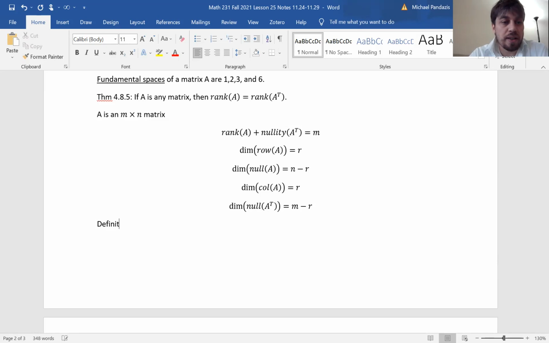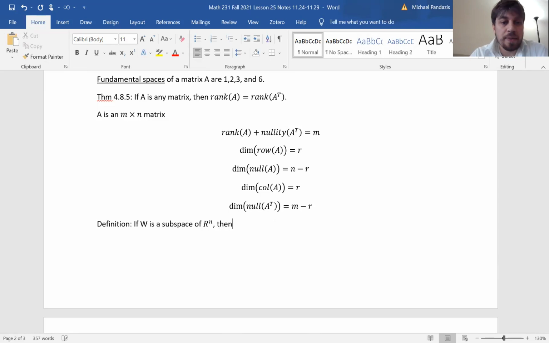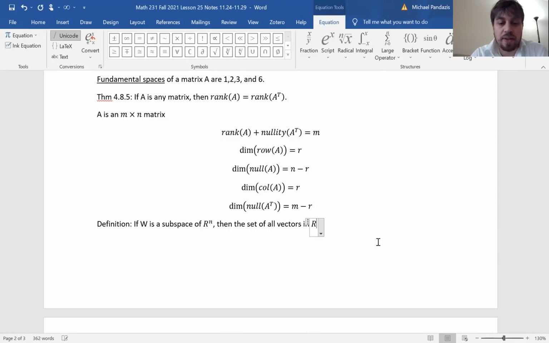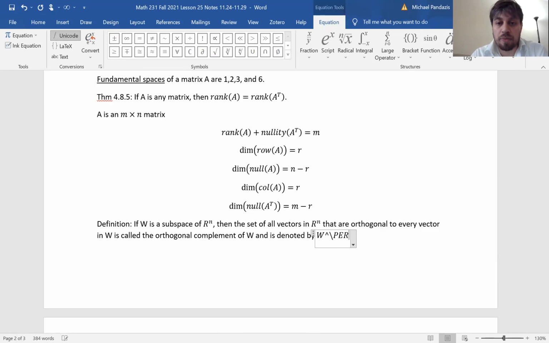Okay, definition. If W is a subspace of n-space, Rn, then the set of all vectors in n-space Rn that are orthogonal to every vector in capital W is called the orthogonal complement of W and is denoted by W perp.